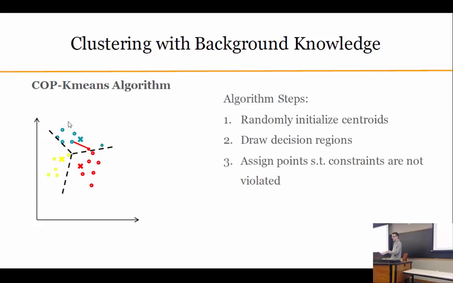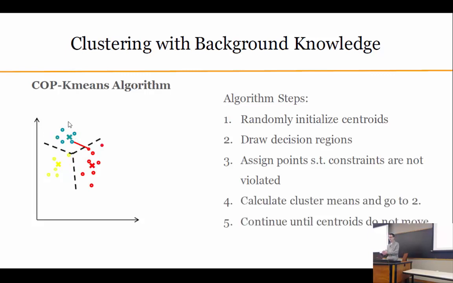So in k-means, this red line here is expressed as a cannot-link constraint. These 2 points connected by the red line are points that cannot be linked in the same cluster. As you can see here, this red point above this line is actually closer to this centroid. However, given that constraint, it is assigned to the next closest centroid, which in this case is the red.